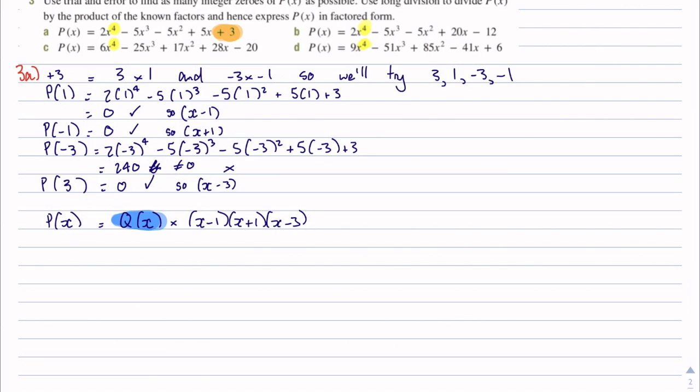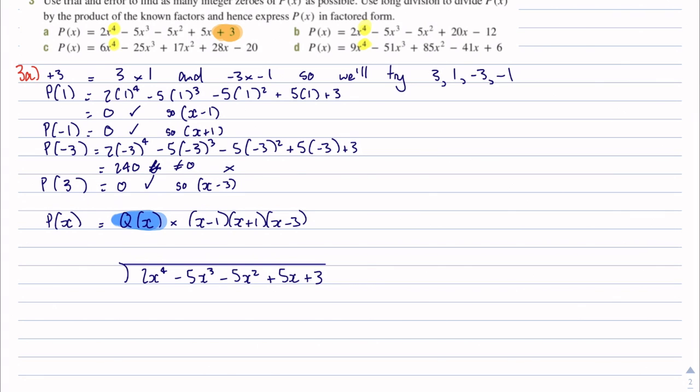Now, again, we could divide 2x to the 4, take 5x cubed, take 5x squared, plus 5x plus 3 by each of these individually, and then x plus 1, and then x take 3. That's going to take so much longer than if we just multiplied these out and then divided by that answer.